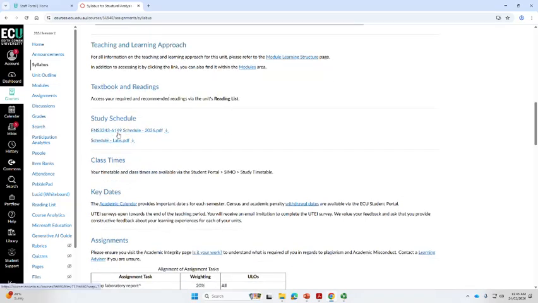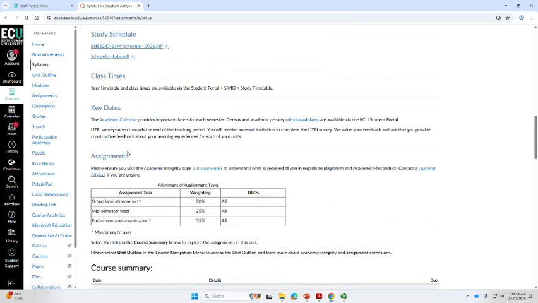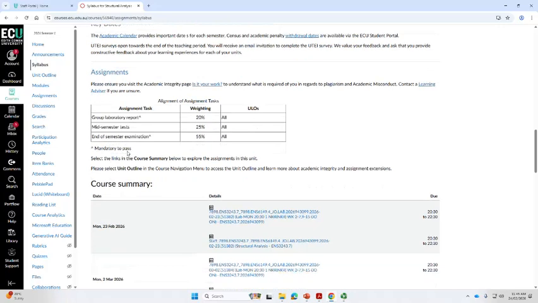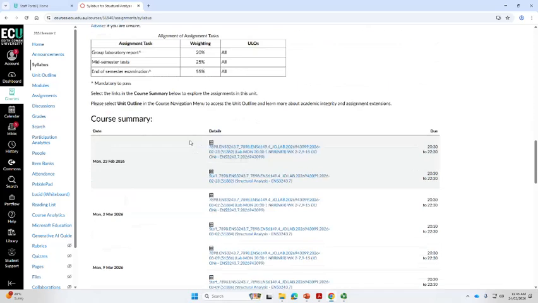The two documents that I was just talking about are here: study schedule. This is for the whole semester, and this is the document that tells you when exactly you need to attend the lab. And this is a list of your assessments and also what unit learning outcomes they address.